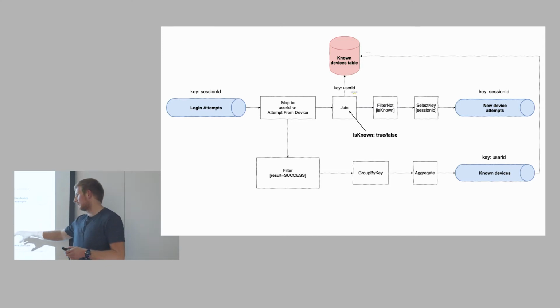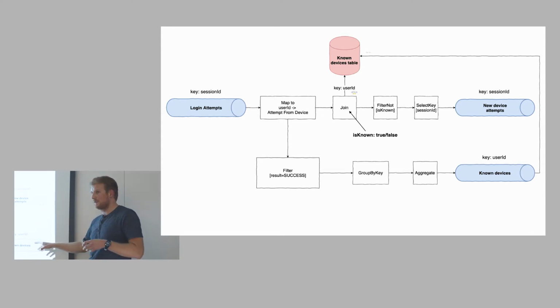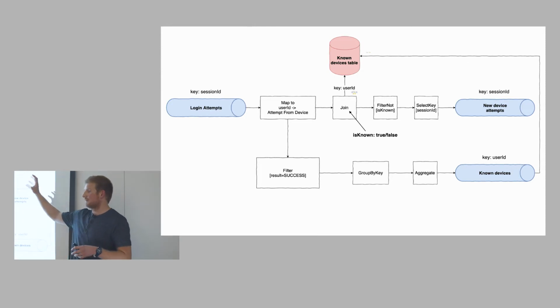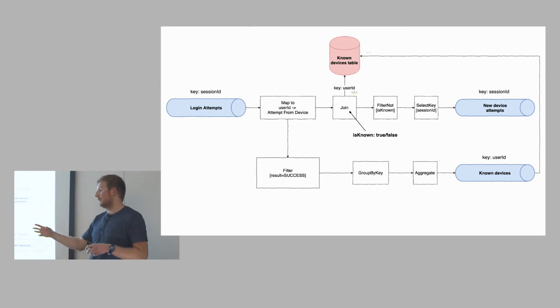These may be two separate applications, depending on how you organize it. But if that's the case, and this pipeline finishes first, and your knowledge base of known devices is updated, then you may find yourself in a situation when you process the attempt, and the device from this attempt is already added to the known devices table. So it means that the result of the join will be incorrect.